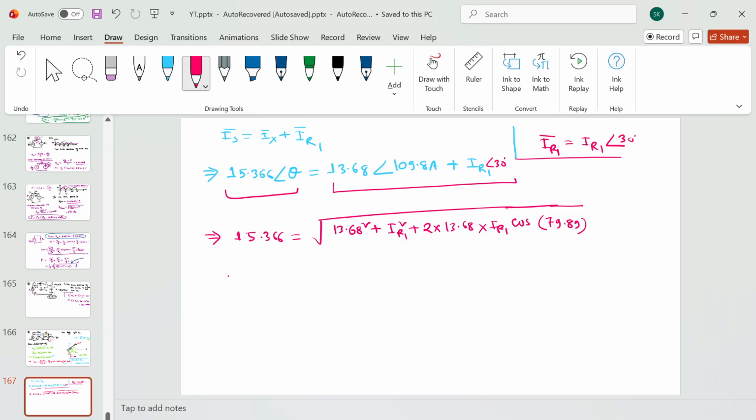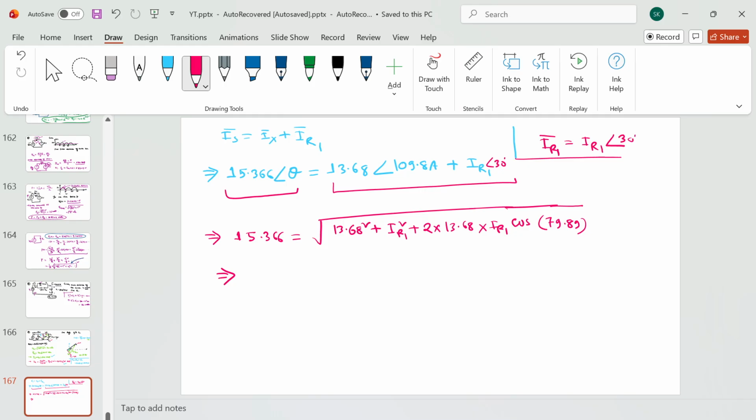I'm only taking the magnitude. Okay, so what you will get, 15.366 whole square minus 13.68 whole square.